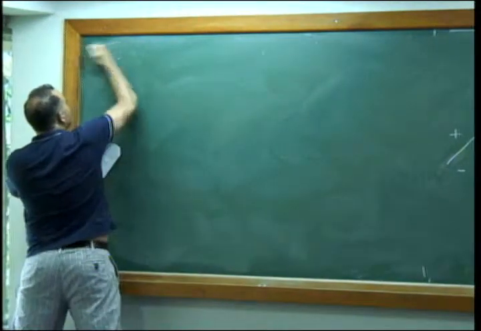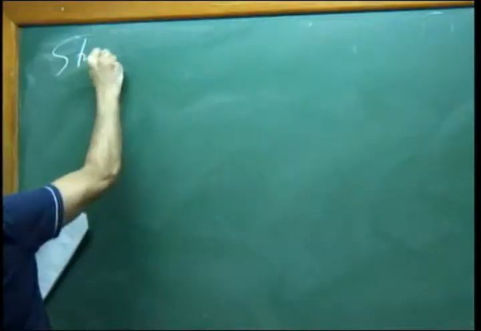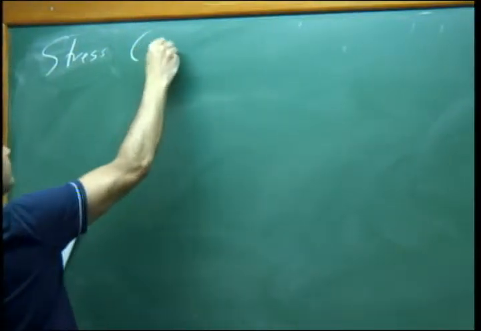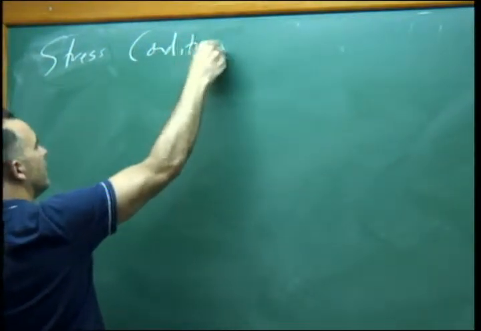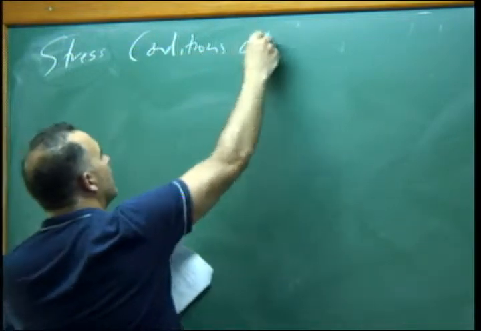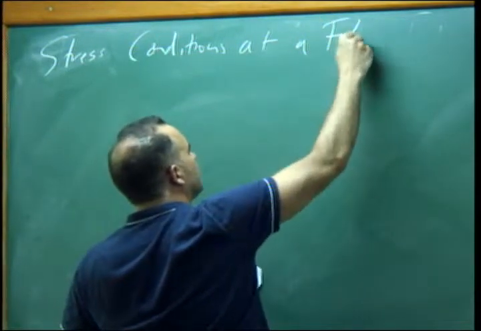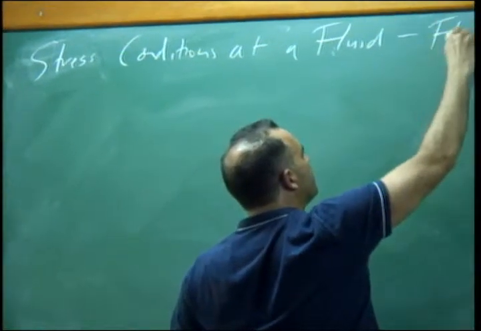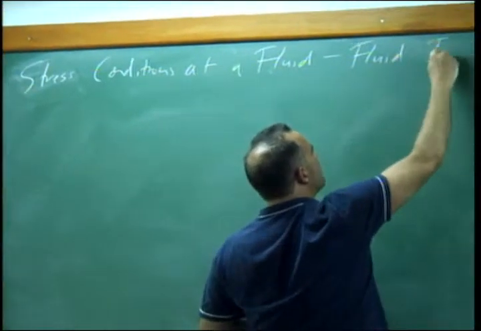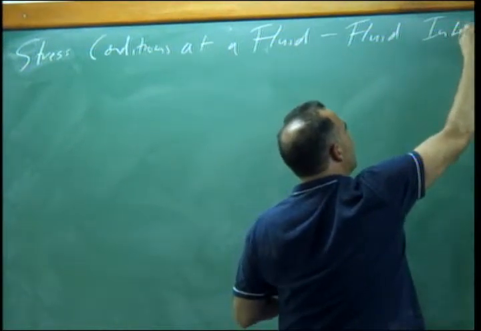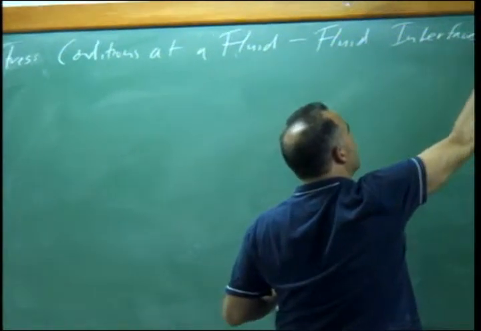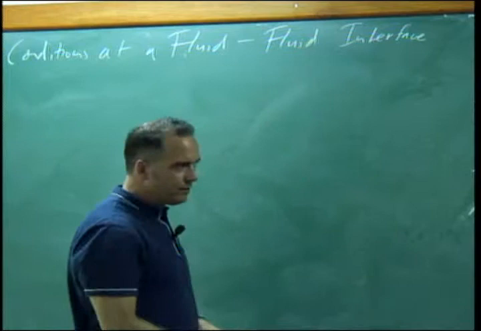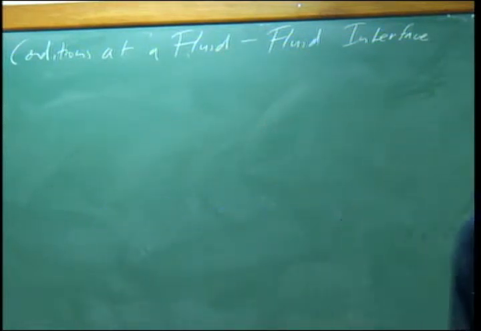So let's write down the title first of all. So this is stress. You can just touch up your notes, the handout. Again, our goal is the general statement of how the stress changes as you move across the boundary.